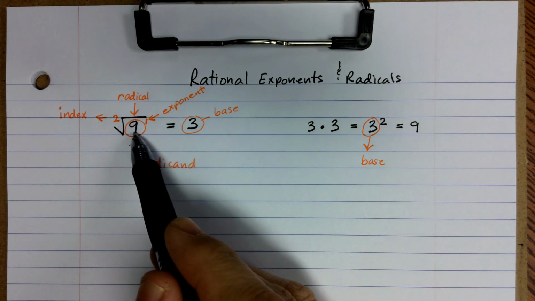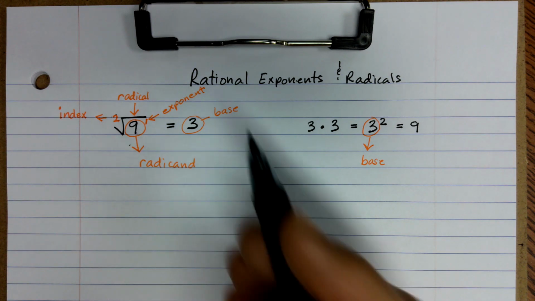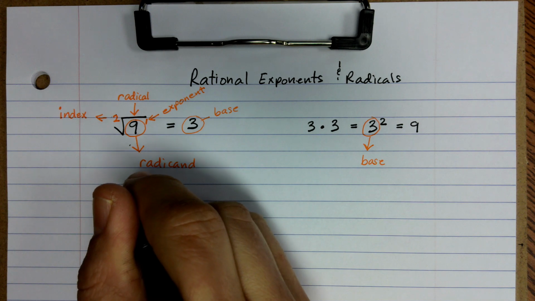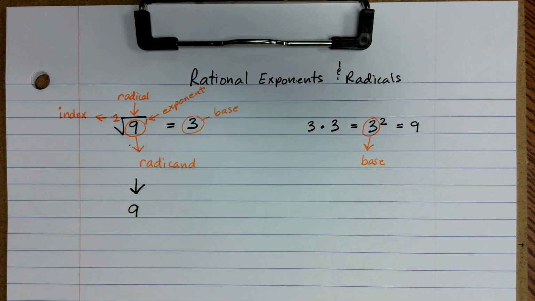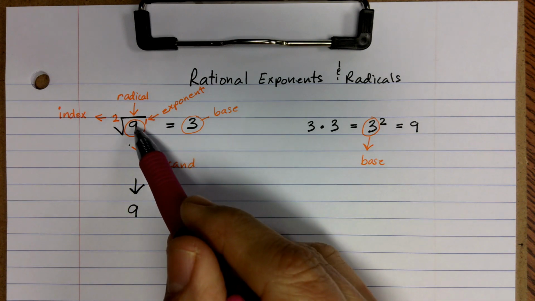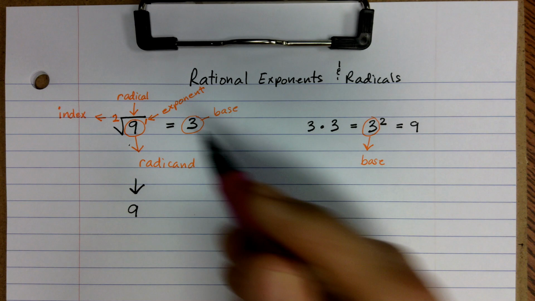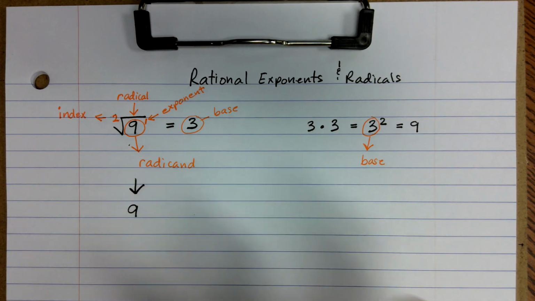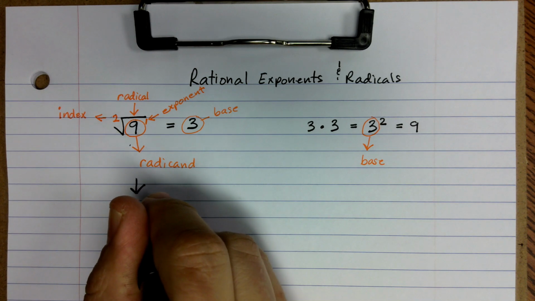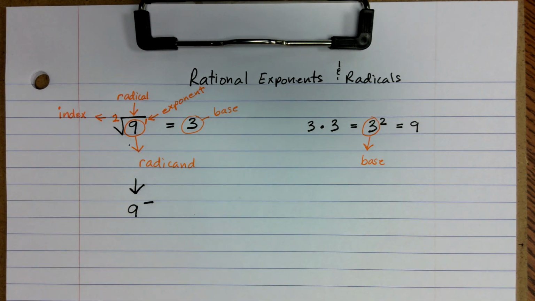I told you that here this 9 has an exponent of 1 and it has an index of 2. If I wanted to write this as an exponent, I could actually rewrite this as 9. Now remember I told you that it did have a power of 1 here, and so that power of 1 is going to be part of the new exponent that I write for it. And so I'm going to go ahead and put a fraction bar up here because we're going to write a rational value, or a fraction, for its exponent.